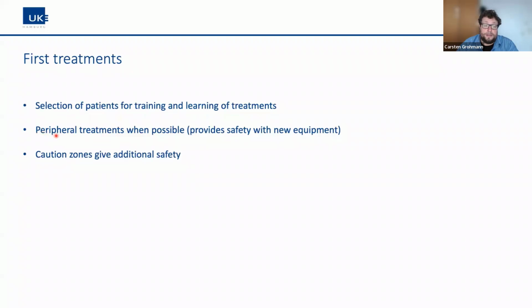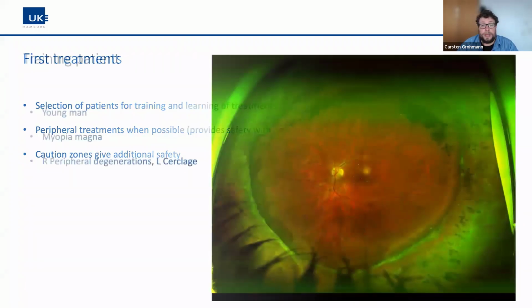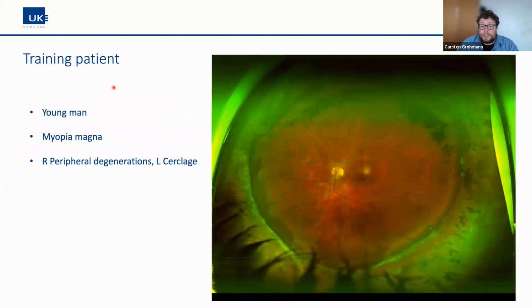We started with peripheral treatments when possible because most people felt safe with the new equipment in the periphery, and the caution zones give additional safety. This is one of our first training patients, a young man with high myopia, peripheral degenerations, and a left retinal detachment with old pigmented laser spots you can see over here.